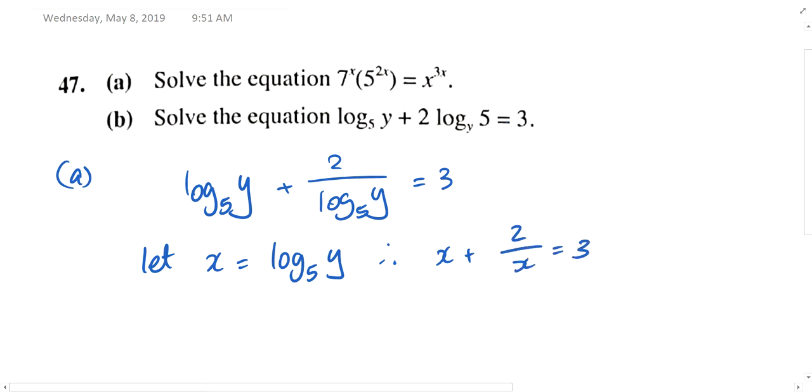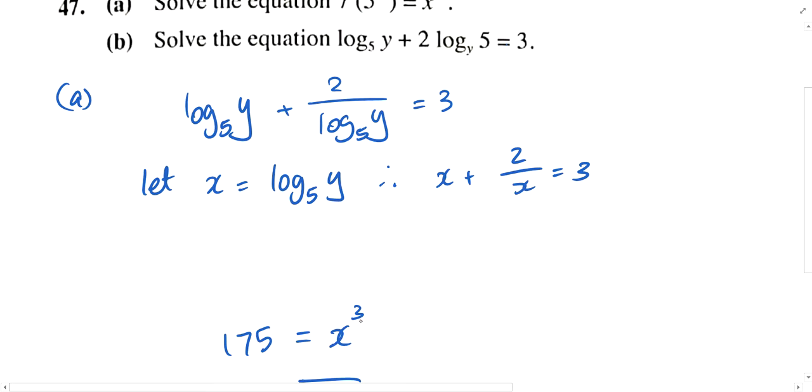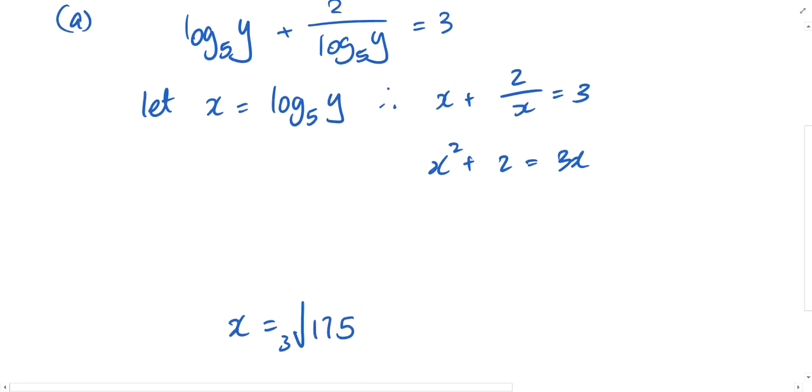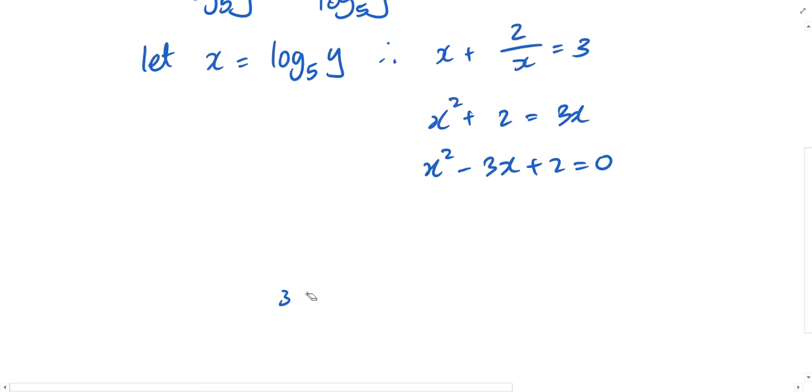What next? Multiply by x throughout. x squared plus 2 equals 3x. Then x squared minus 3x plus 2 equals 0. Next. Quadratic. So do you want to use the formula, completing the square, or factorization?